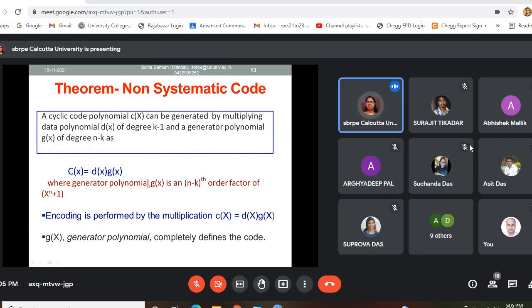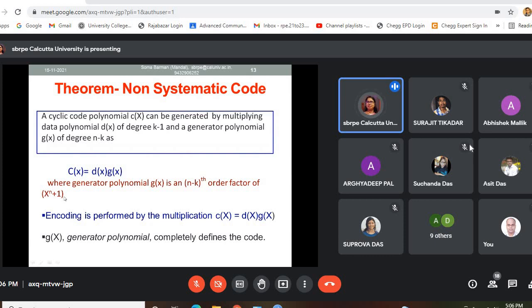The generator polynomial gx is the n minus kth order factor of x to the power n plus 1, where n is the code length. Sorry, x to the power n plus 1.